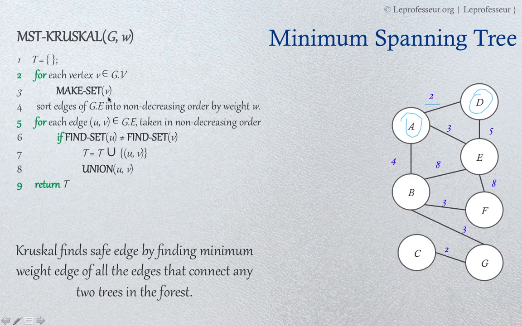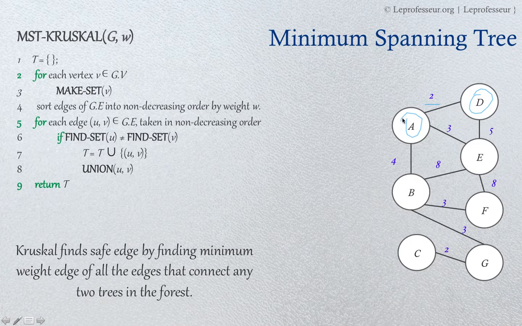Make set is basically creating a forest of trees, and each tree will have only one node, that is, each vertex of the graph. At line number 4, we are sorting the edges of this graph in non-decreasing order by weight. And at line number 5, in the for loop, for each edge we determine whether that edge can be safely added to T or not.